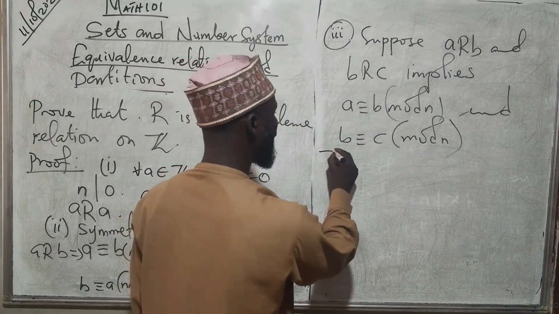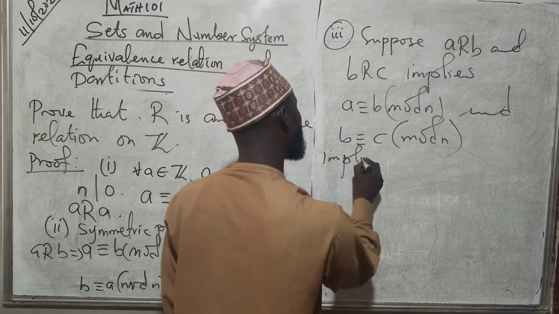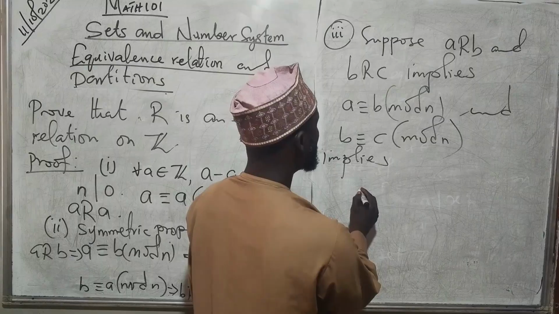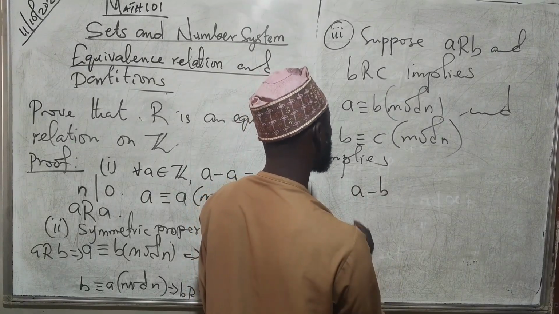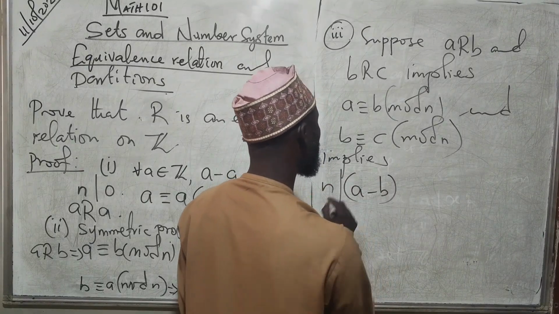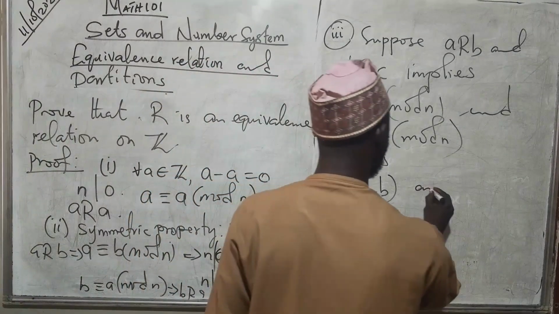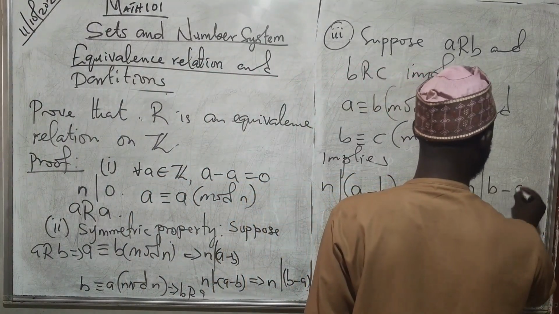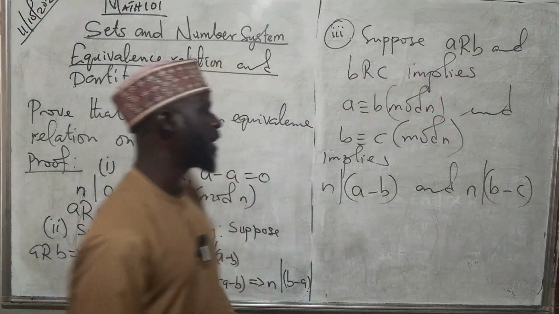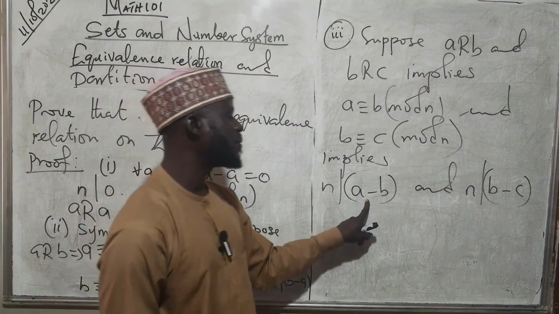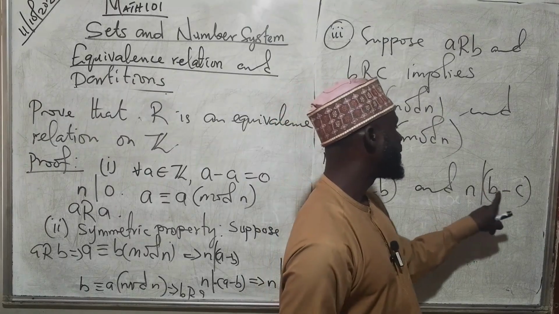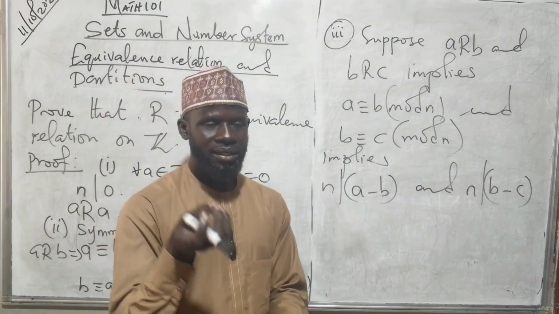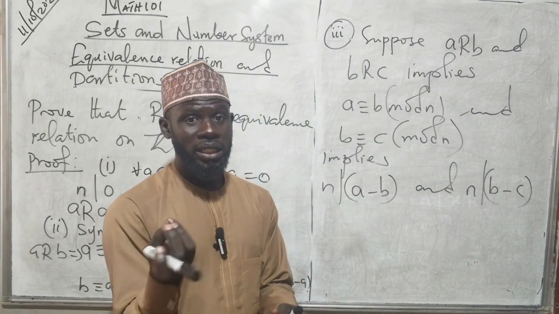And that implies what? That implies A minus B is divisible by n, and B minus C is also divisible by n, meaning n divides A minus B and n divides B minus C. So now, a number n divides two integers.